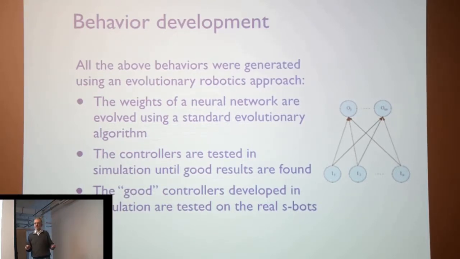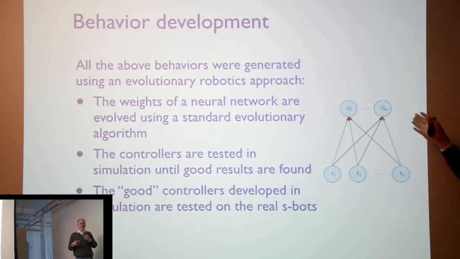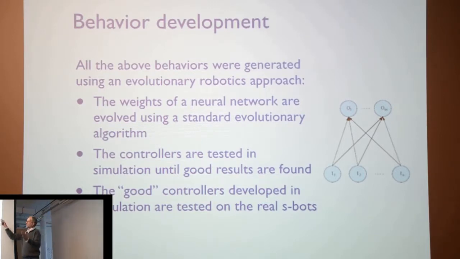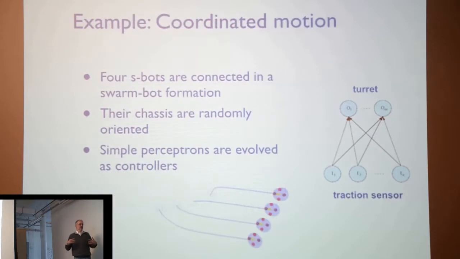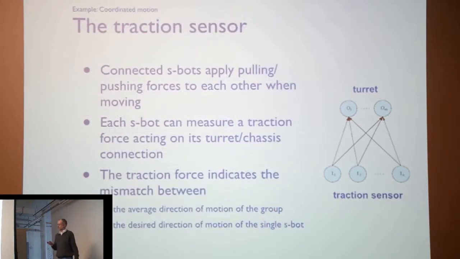Then we give a probability of reproduction to the next generation that is proportional to the quality of the solution they found. We also apply the equivalent of mutations and crossover, and produce a new generation of chromosomes. We repeat this over and over until we get good controllers.